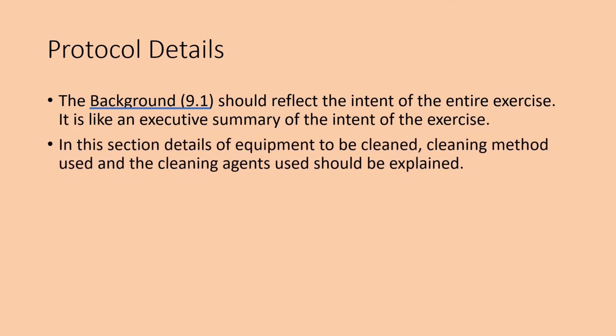In this section, details of equipment to be cleaned, cleaning method used, and the cleaning agents used should be explained. Here, the information on which equipment will be cleaned after which product or group of products should be provided. Equipment means it should include all peripheral accessories.